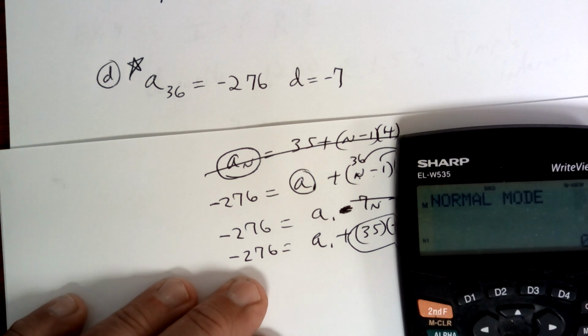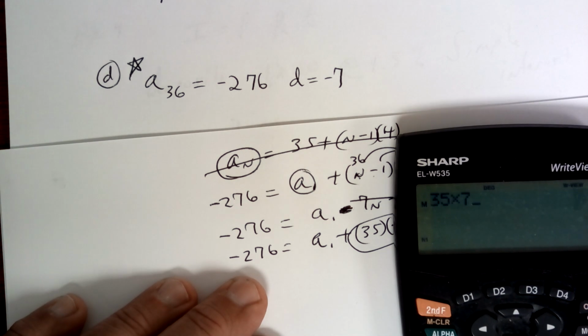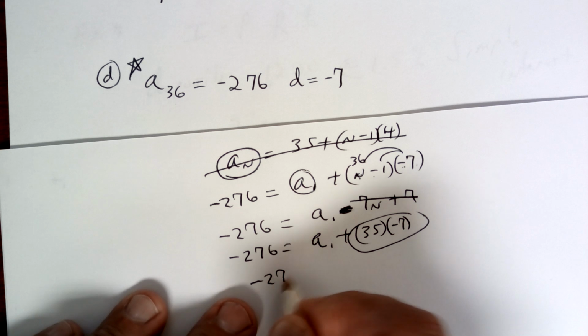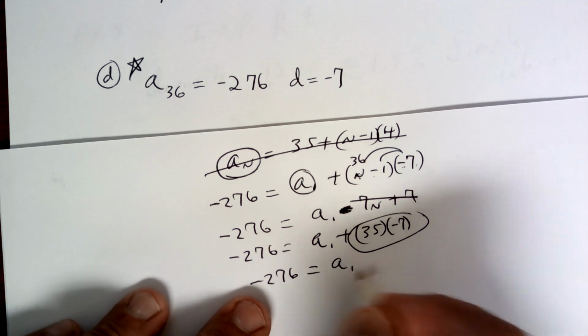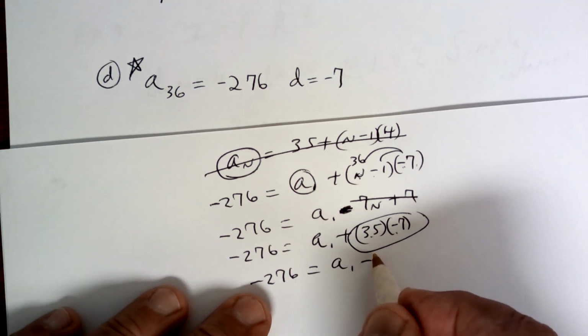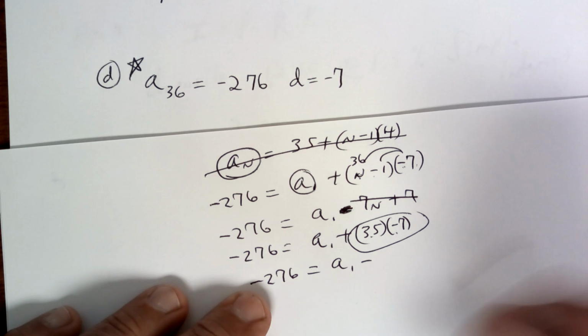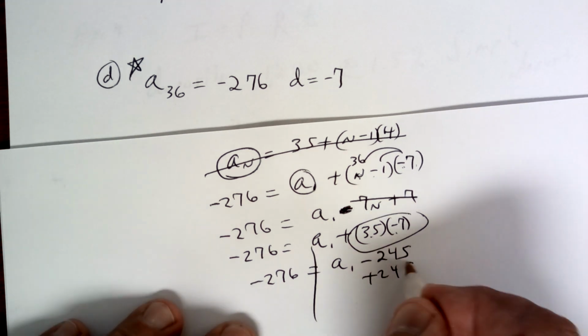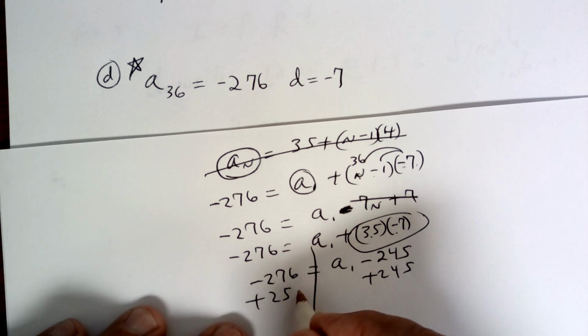So it's 35 times 7. I get 245. So I'm going to get negative 276 is equal to a sub 1. This should be a negative 245. And then what you want to do is add 245. So put a star by this one. And let's see what that works out to be.